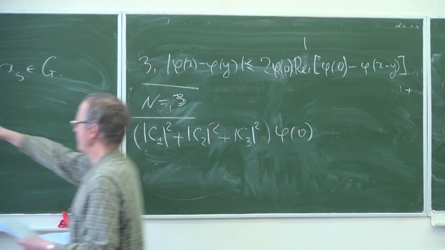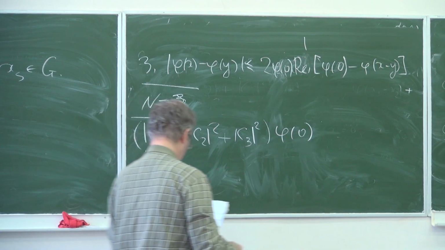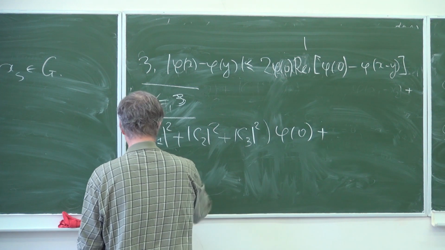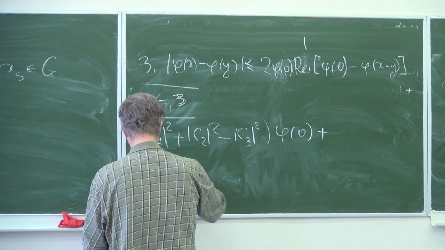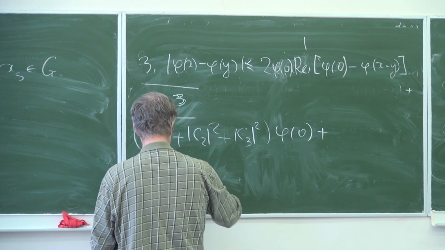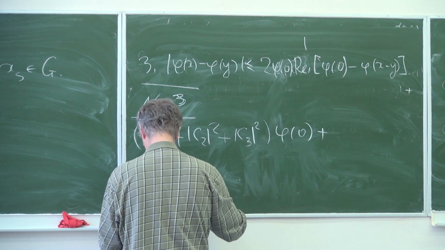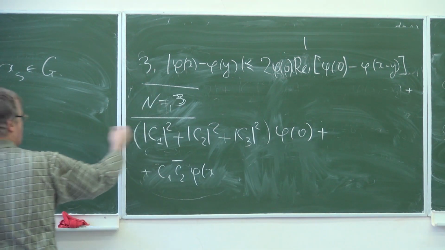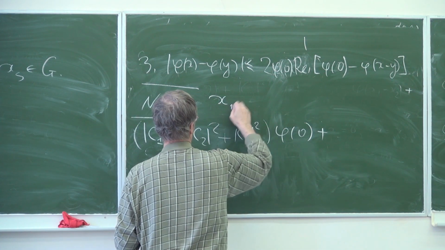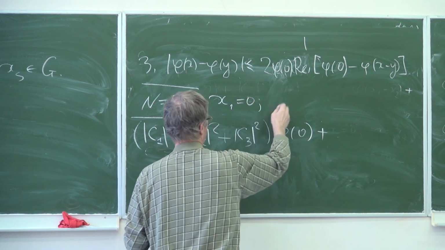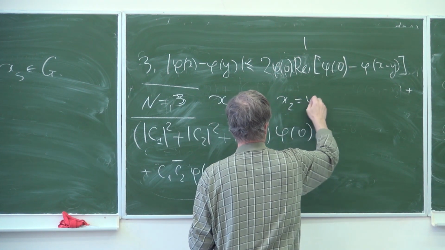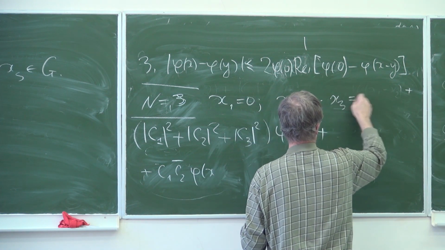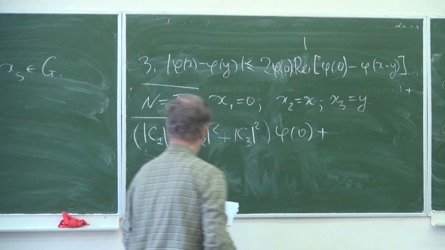These are diagonal terms here, and what else? Will be C1, C2, phi of x. There are 3 points, and one of them we take x1 equal to 0, and for x2 we use the notation x, and for x3 the notation y. Let it be this way.